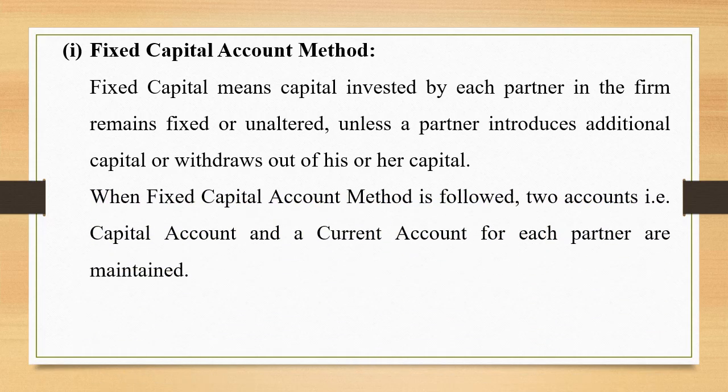When fixed capital account method is followed, two accounts, that is a capital account and a current account, for each partner are maintained. Let us see about the capital account.